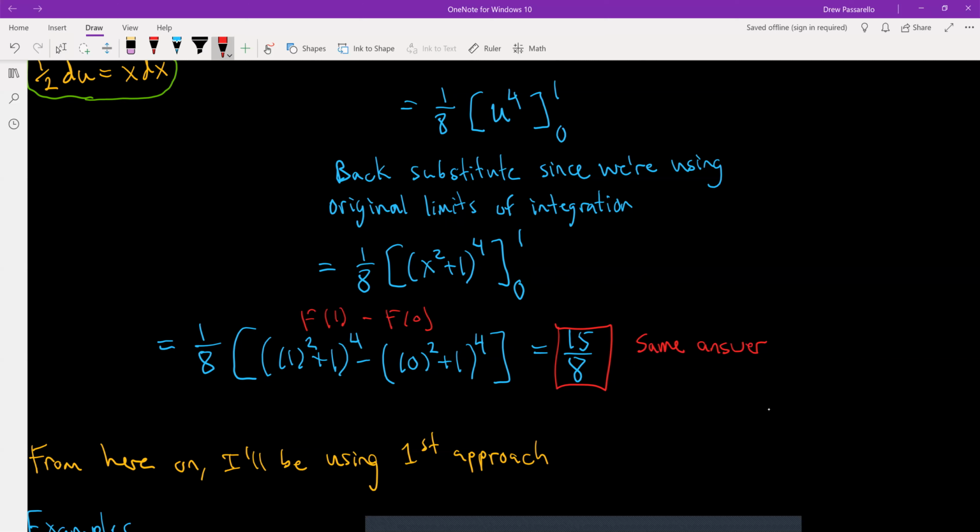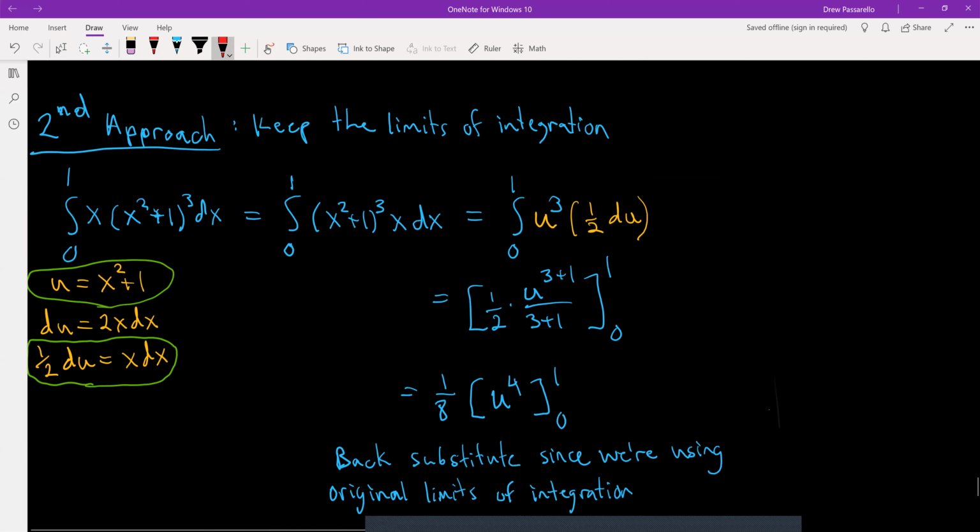Now, to me, it's easier to use the first approach because, I guess for this particular example, they're about equal difficulty, but for future examples, you'll see that it might be just easier to use the first approach. Once you change the variable, also change the limits of integration, but do not back substitute.